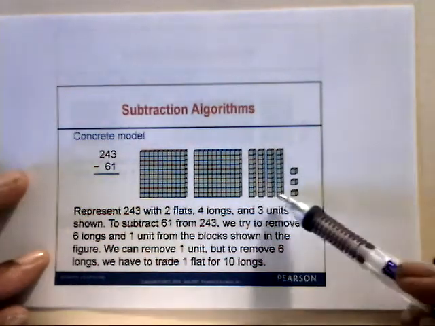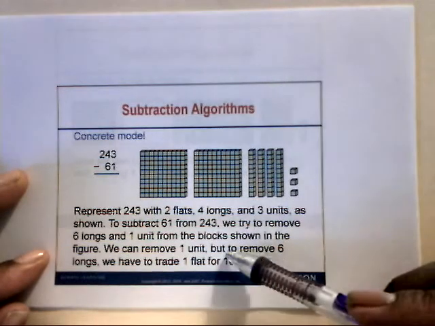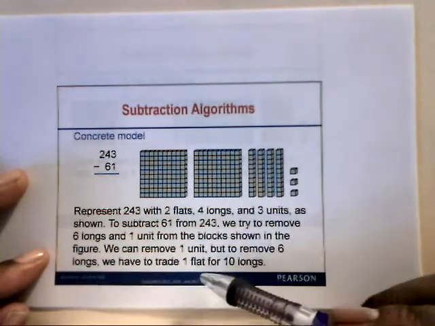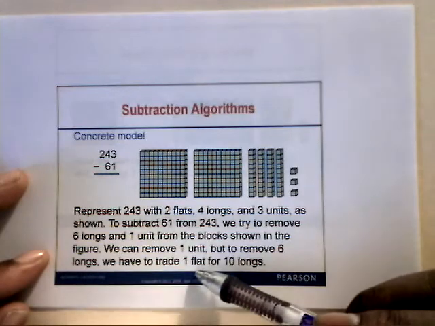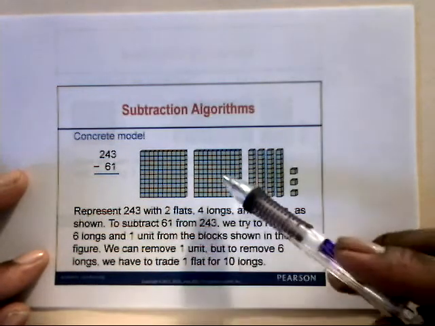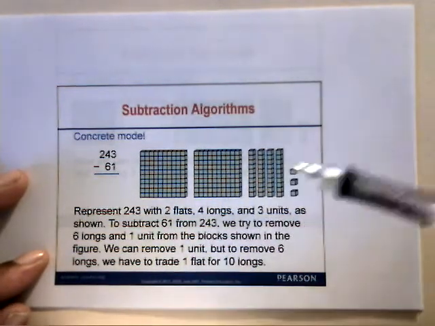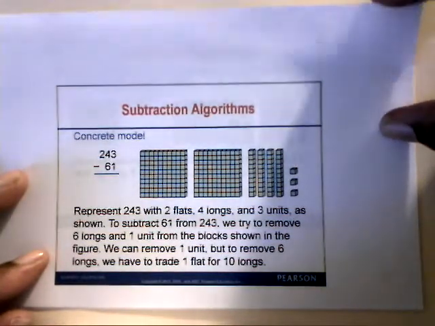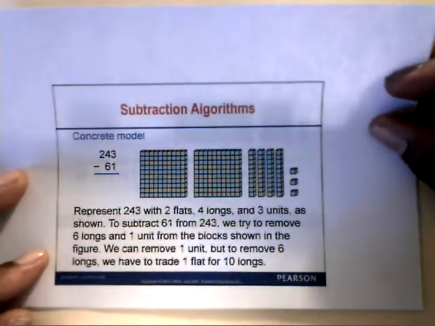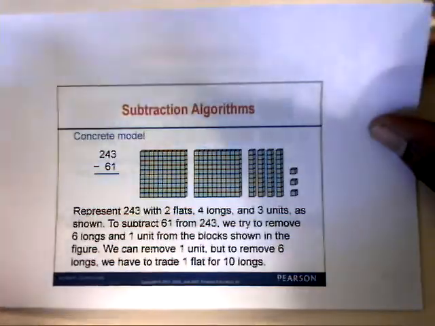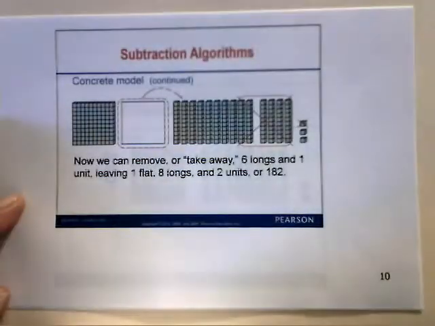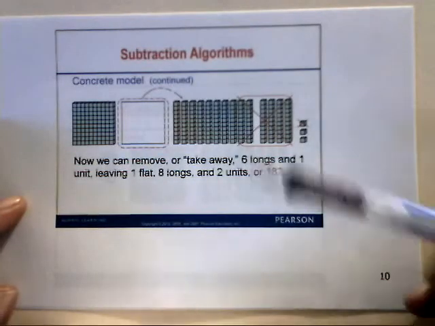Now we can remove 1 unit, but we need to remove 6 longs by trading 1 flat for 10 longs. So one of these flats will have to be traded for 10 longs in order to subtract 61, or remove 6 longs in this case. So here's the rest of this.